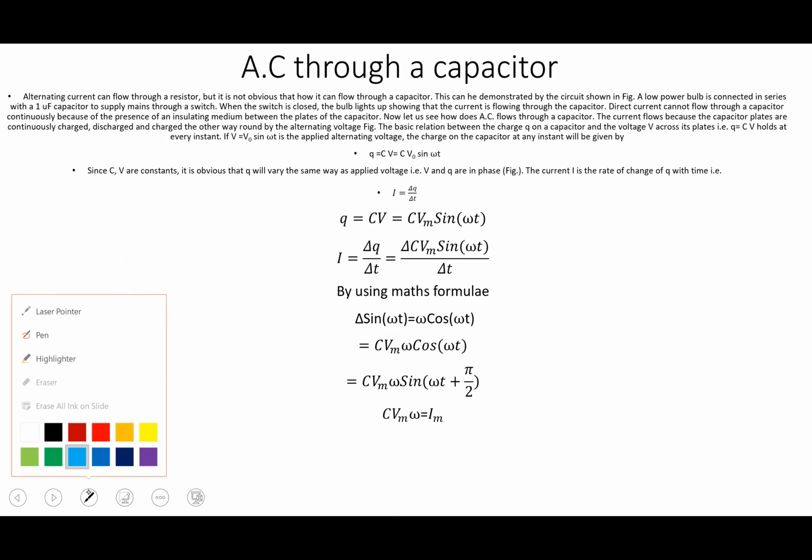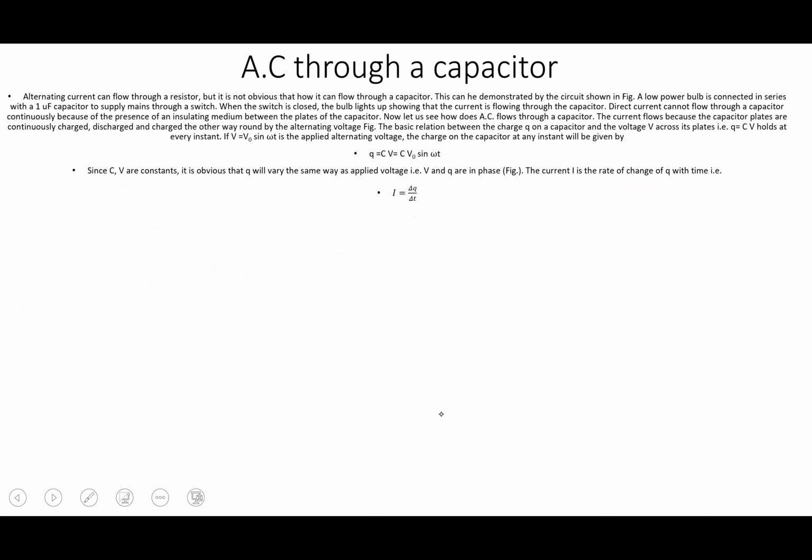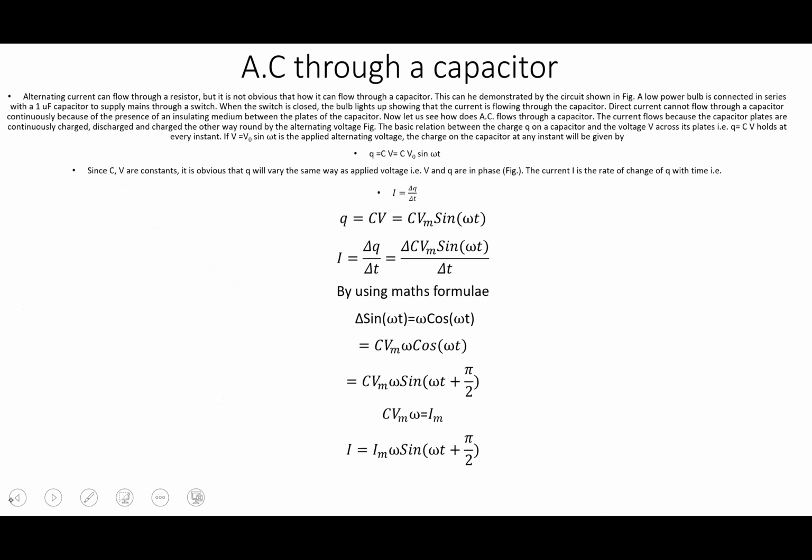So we can get I is equal to I maximum sine omega t plus pi by 2. So this is our value, and you can see by comparing these two values, Q is also lagging behind by the angle of pi by 2, and voltage is also lagging behind by the angle of pi by 2. Now, how can we represent it?